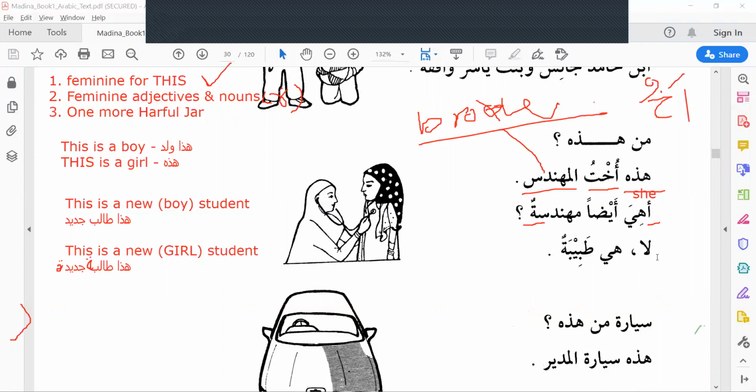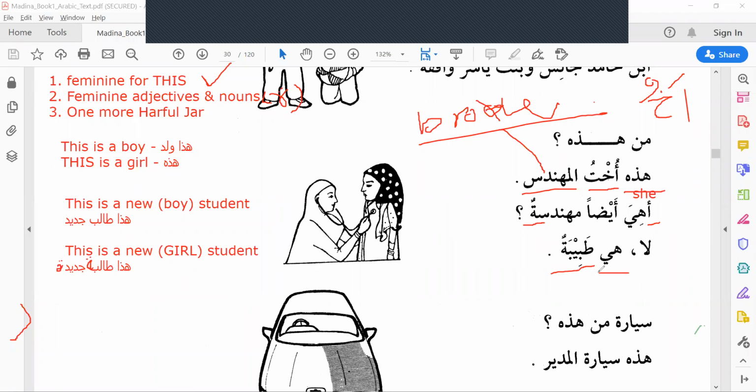La, no. She is a doctor. Tabibun is a male doctor; female doctor, tabibatun.